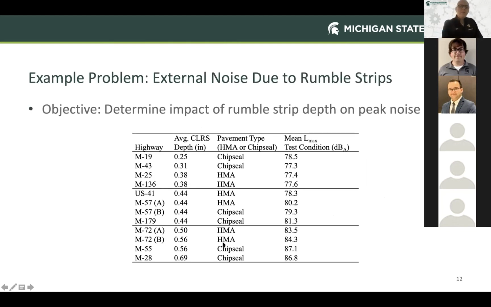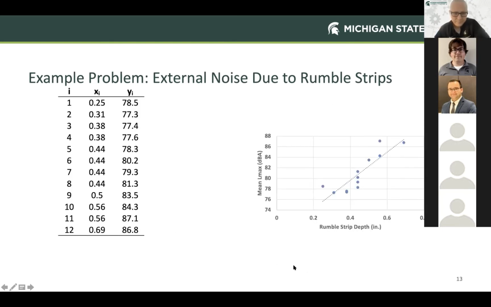All right, now the easiest way to probably familiarize everyone with this concept is to just work through an example here. And so we're returning to the same data that was presented a few slides ago. We've got our 12 study sites. We have our milled rumble strip depth, our pavement type, and then our peak noise level, with the second column representing our x value, the fourth column representing our y.